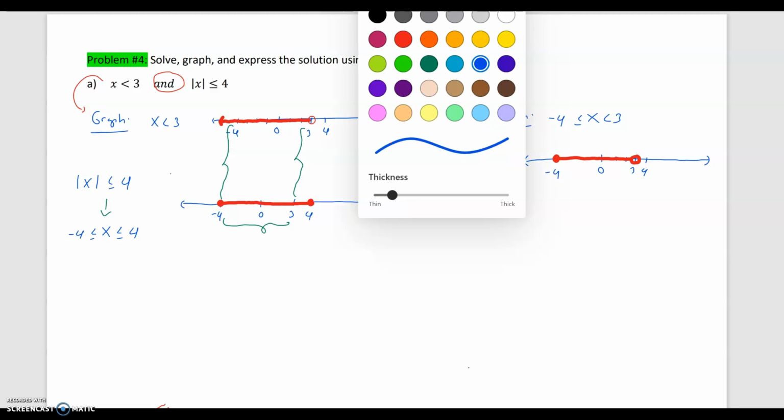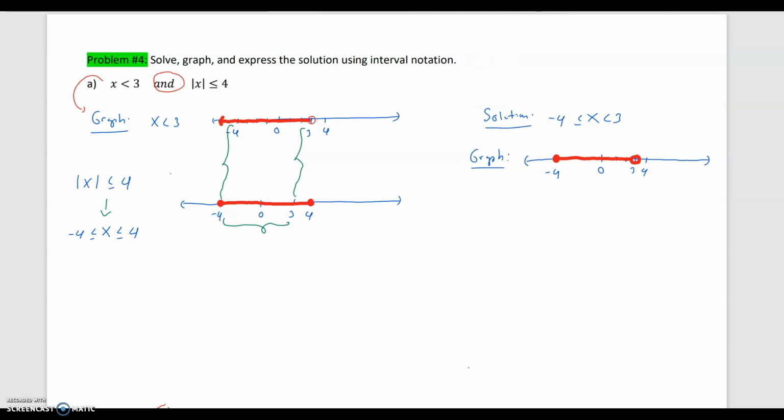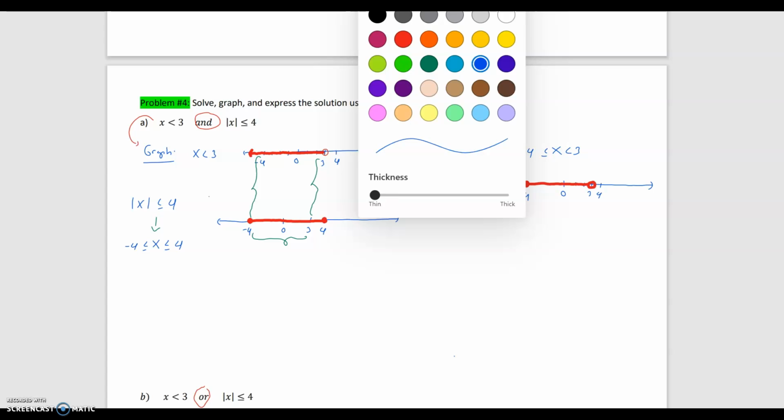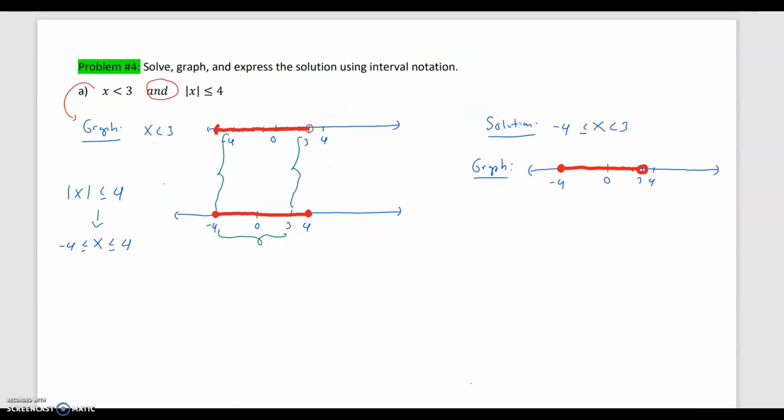And then the last one would be the interval notation. So our interval notation is going to have negative 4, but it's not going to contain 3.